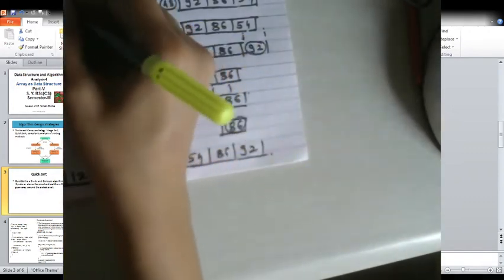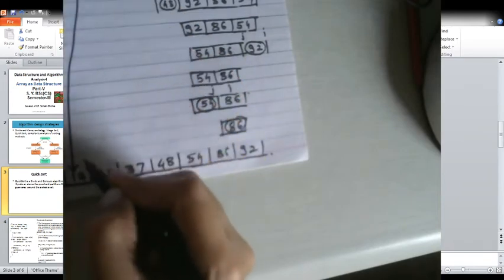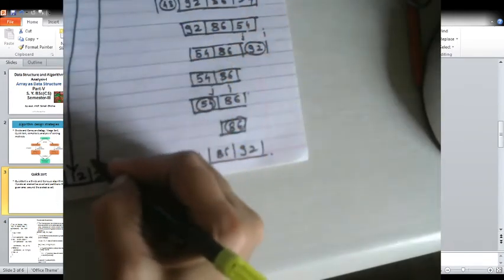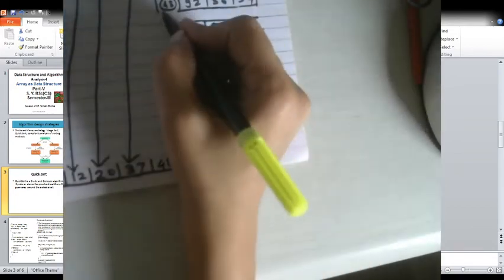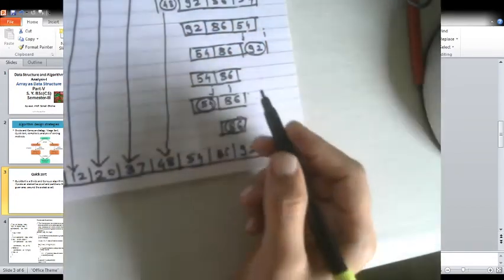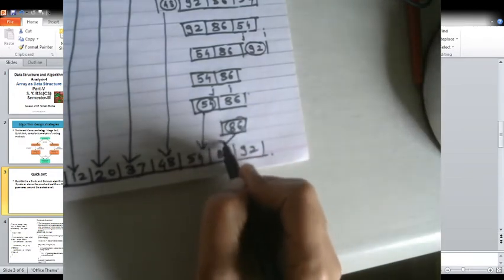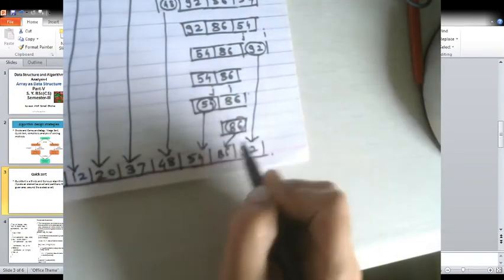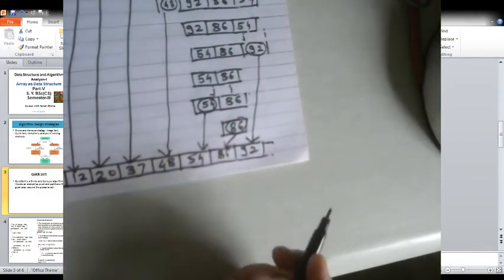You can mark this type of arrow also for better understanding. The next element is 20, then 37. In this way you can write it for all the elements, then for 54, then for 86, and this is the sorted list of elements using the quick sort algorithm.